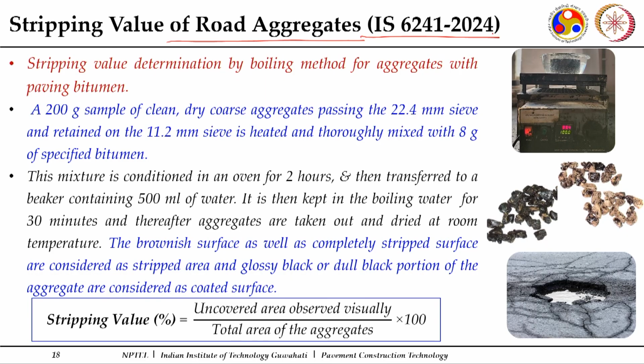For this, we prepare a mix with a given weight of aggregate and add a binder to it, and this is done as per the codal specification. Aggregates are heated to a particular temperature, and the binder is also heated. A 200 gram sample of aggregate is taken, with around 4% of it, 8 gram, of bitumen, and both are mixed together.